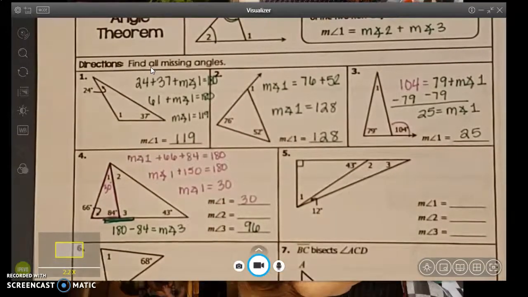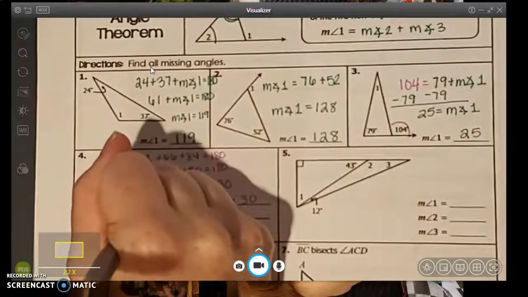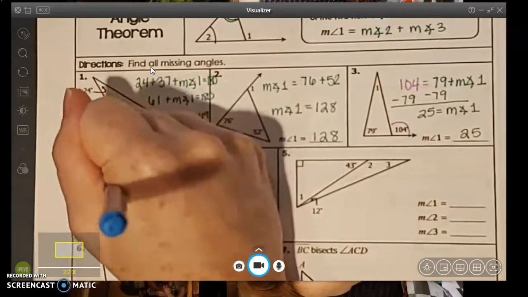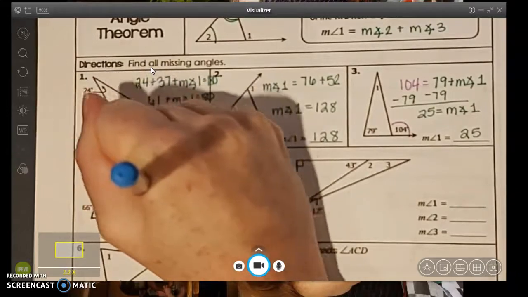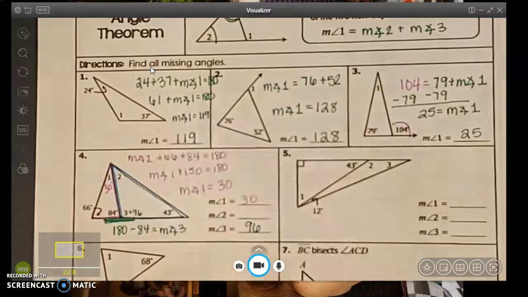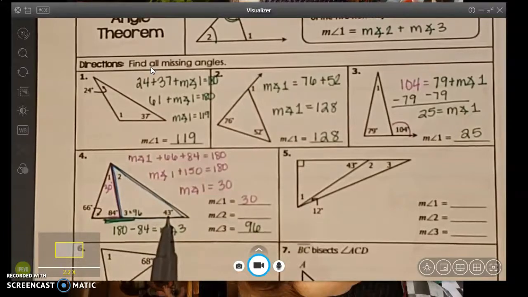All right, now that we know that the measure of angle 3 is equal to 96, I can find the measure of angle 2 because I have a triangle here, and I'm missing one angle. So if I take the sum of the two angles that I have, 96 and 43, and subtract them from 180, I'll be left with the measure of angle 2.